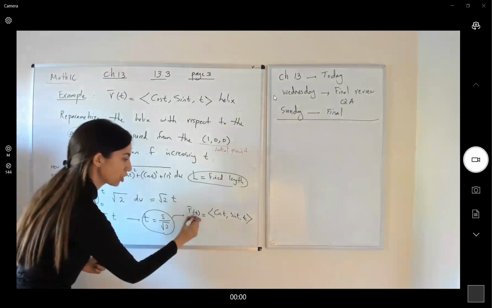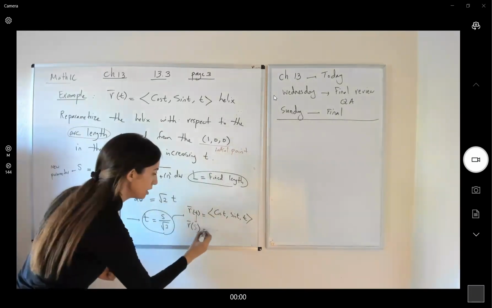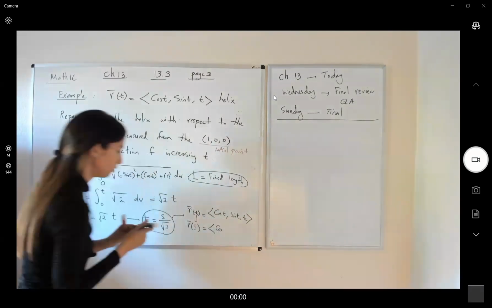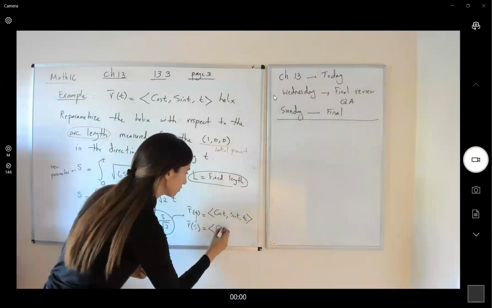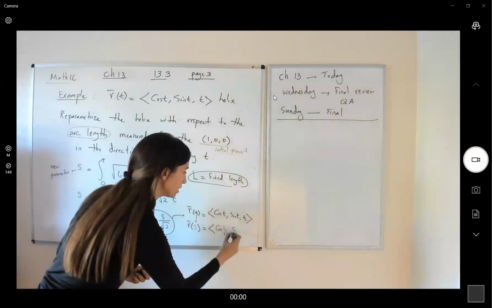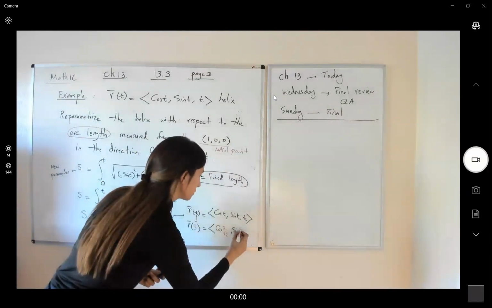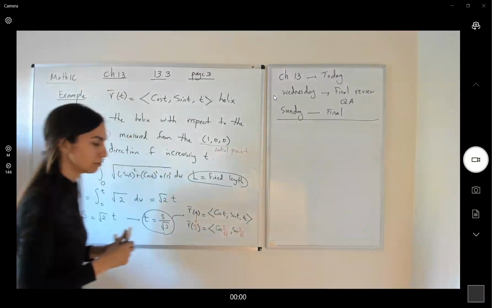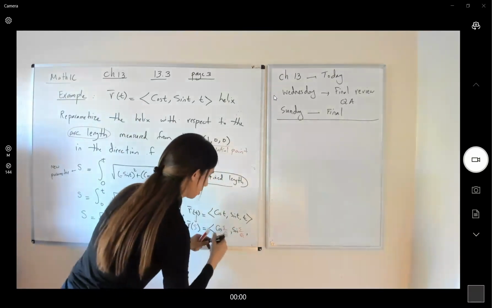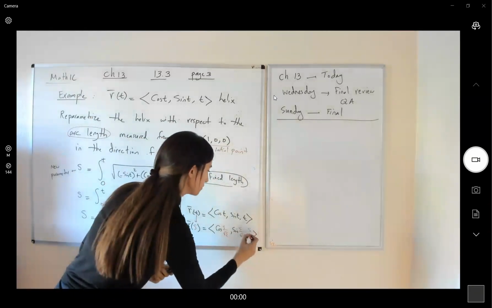New parameterization: I'm changing my old variable to a new variable. Cosine of t is going to be cosine of S divided by square root of 2, comma, sine of t is now sine of S over square root of 2, and t, which is just S over square root of 2, comma, S over square root of 2.